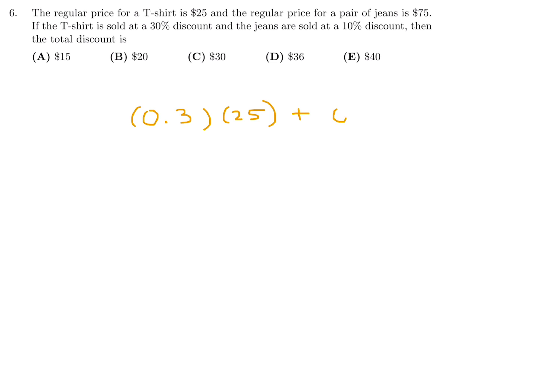And then 10% discount, so 0.1 times 75, and that is for the pair of jeans. So this is going to be 7.5 plus 7.5, and that equals 15. So the total discount on these 2 items is $15, and that means 6 is A.